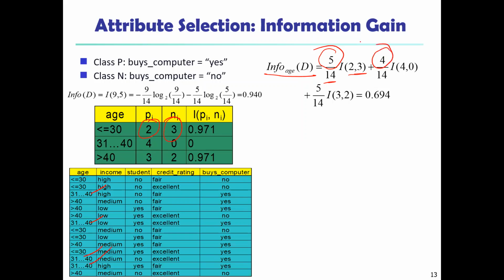A total of 4 are there, and all 4 are yes, 0 no's. Same for greater than 40: 1, 2, 3, 4, 5. A total of 5 are there, with 3 yes and 2 no's. With this, we got the information needed for age, that is 0.694.